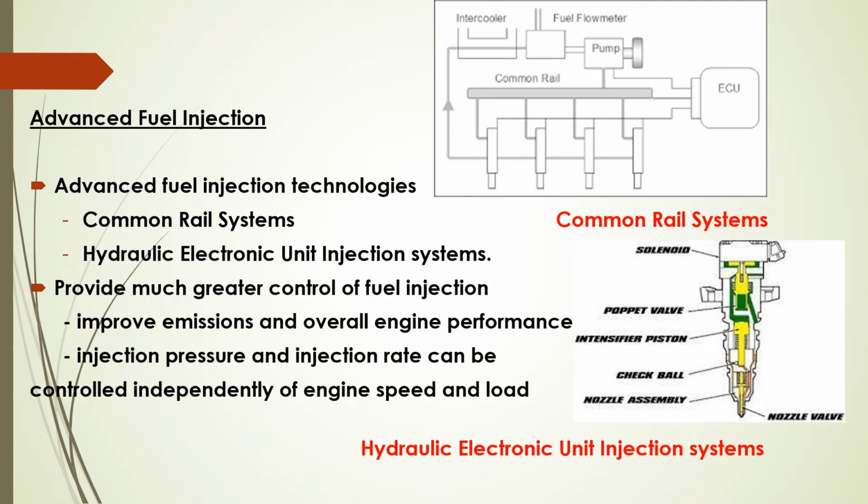In this system, the injection pressure and injection rate can be controlled independently of engine speed and loads, which is a departure from traditional fuel system. These two advanced fuel injection technologies are really useful in the modern vehicles.